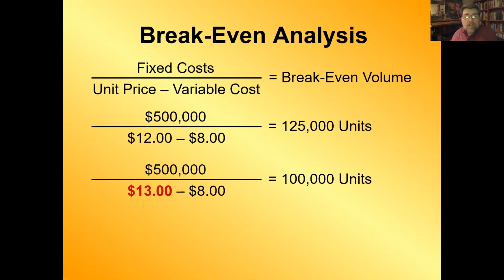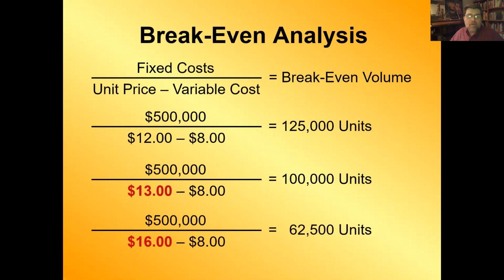By raising the price $1, that increases the difference between the unit price and the variable cost, and that calculates to 100,000 units. Okay, that's better. We're breaking even sooner. Let's go a little bit further, add another $3 to the price. Now that calculates to 62,500 units. That's actually half of the original break-even number.